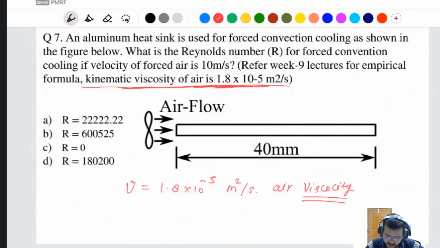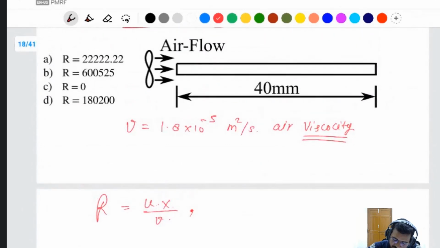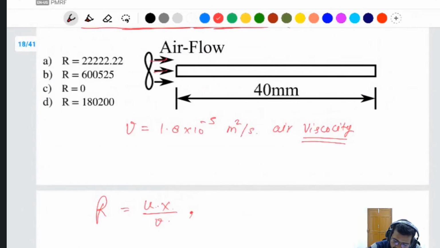For the Reynolds number, Reynolds number is velocity, air velocity, into x dimension, characteristic dimension, divided by viscosity. This is the air flow from here to here.